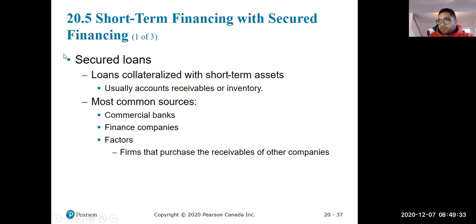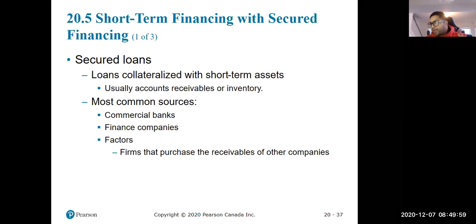Loans that you take from the bank can be unsecured loans or secured loans. So what are secured loans? These loans have collateral in the form of short-term assets. Whatever inventory you have, generally that is kept as collateral. Usually accounts receivable or inventory is kept as collateral. So whatever money you are going to receive from customers, those sales receipts are kept as collateral.